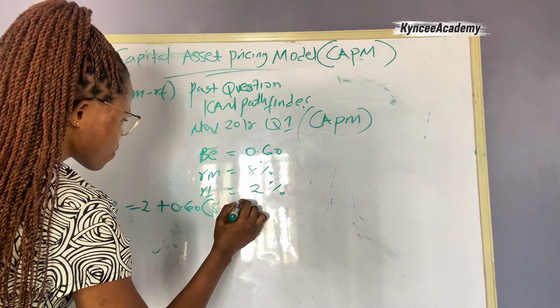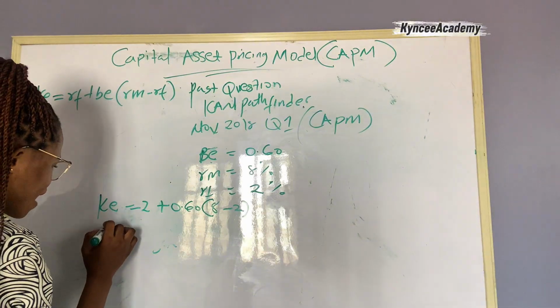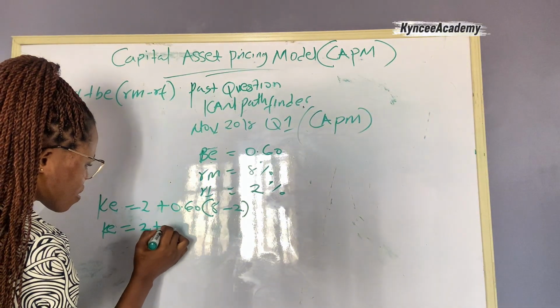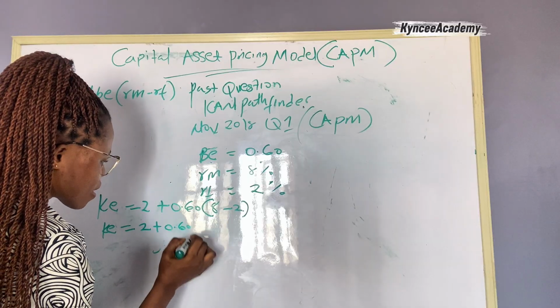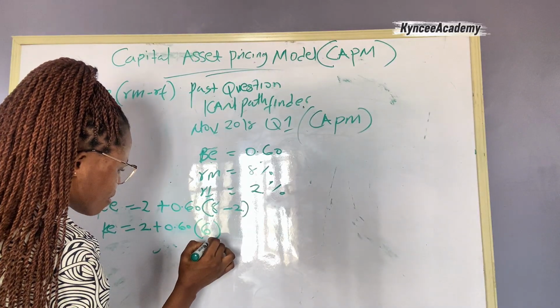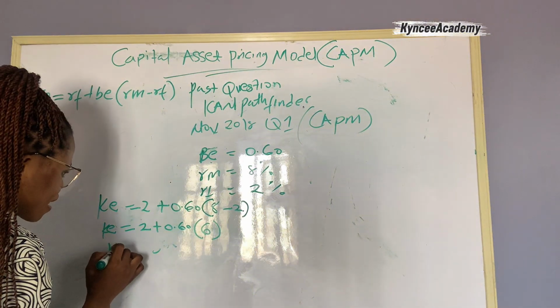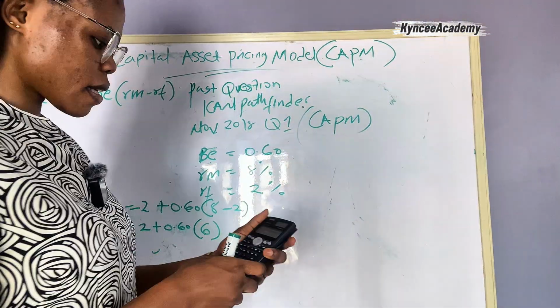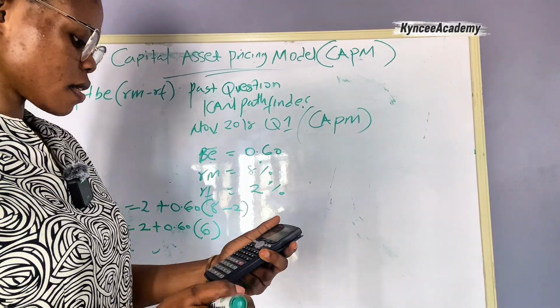This is the risk-free rate. Now KE is equal to 2 plus 0.60 times 6, right?